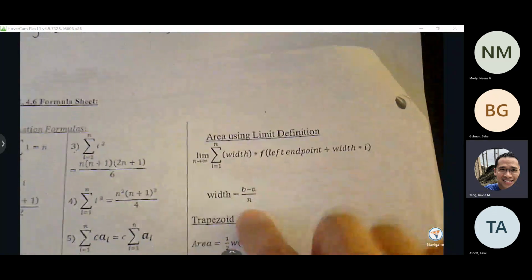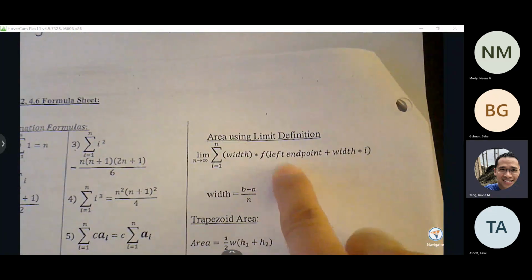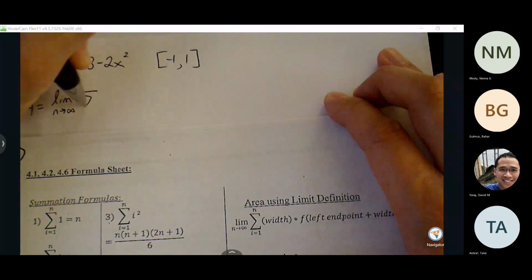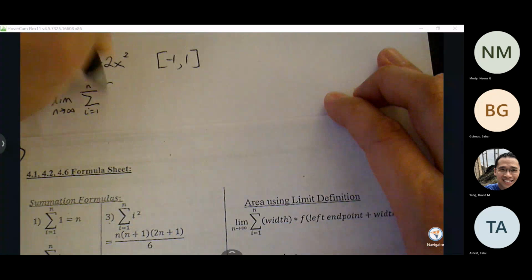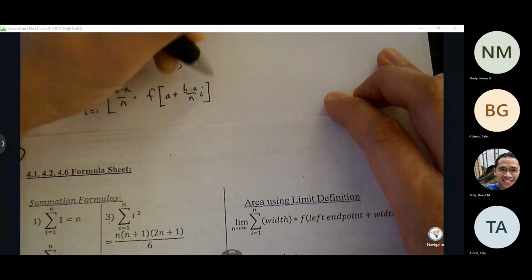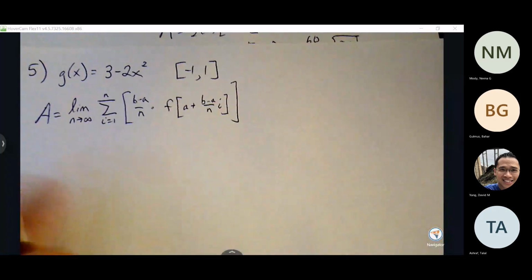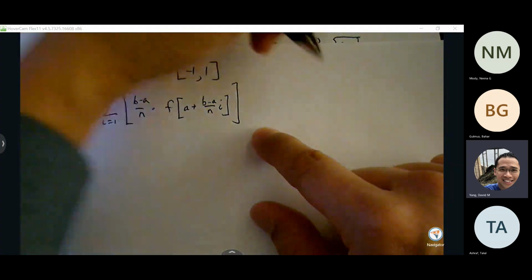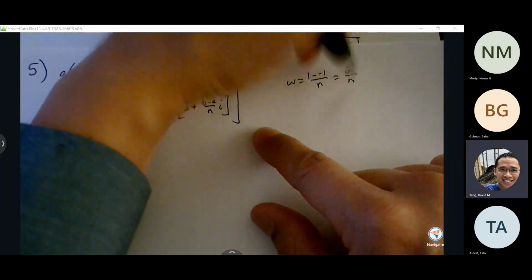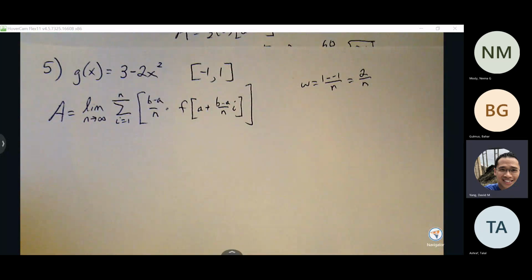So we can build that, right? The width is b minus a over n. Your left endpoint is your a value. Okay, start off with your width formula. We're going to hold on to n because we don't want to limit the number of rectangles.